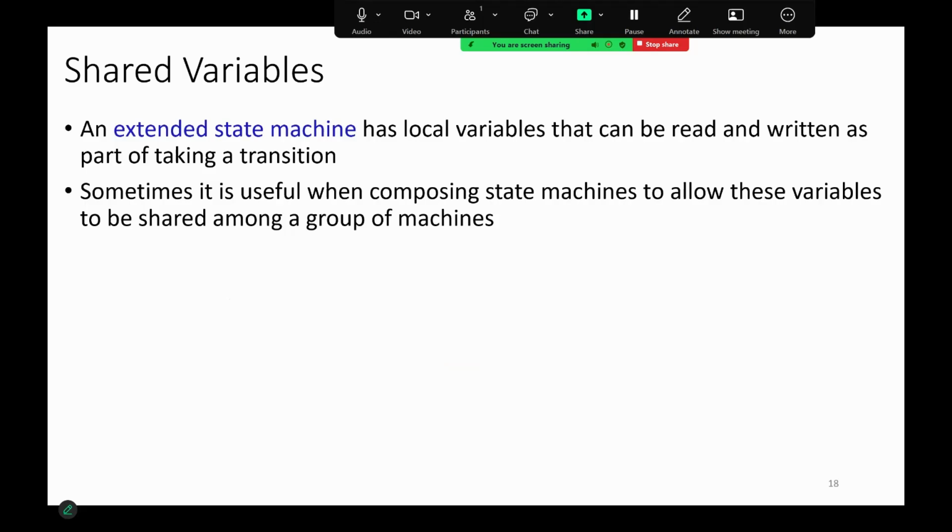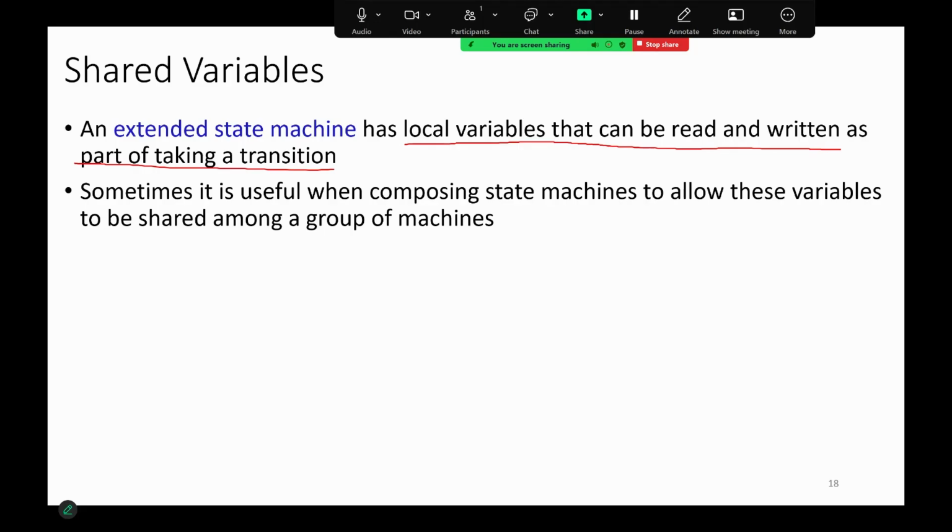And then as we did before, there is a shared variable where we added the variables from finite state machine to extended state machine. An extended state machine has a local variable that can be read or written as part of taking the transition. And instead of having a separate state for each value, you can have variables.